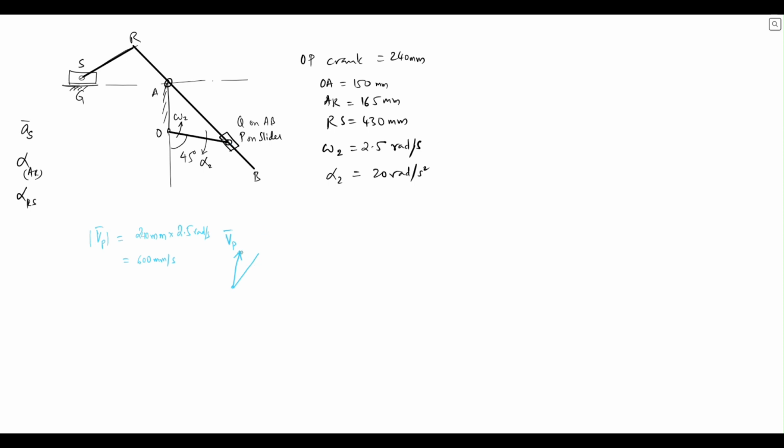So we can drop a perpendicular like this to split VP into V slip and V transmission. That way we find this should be the velocity of point Q, and then this is the velocity of the point P with respect to Q at this instant. So we can also find the slip velocity like that. This is the velocity of point P with respect to Q.